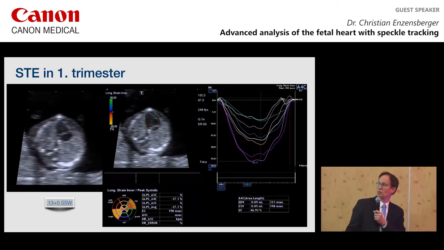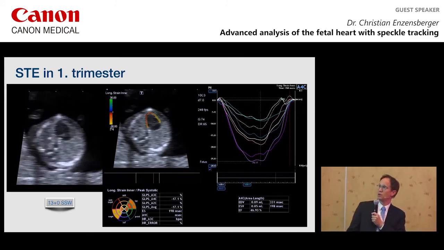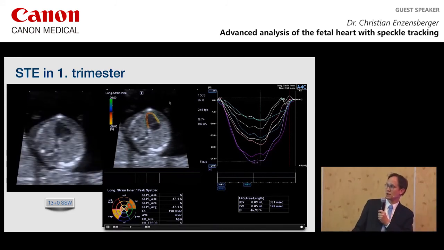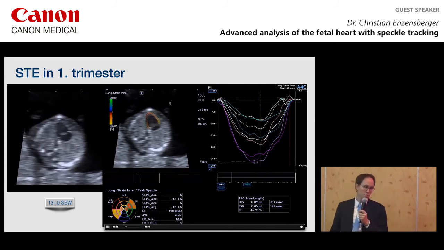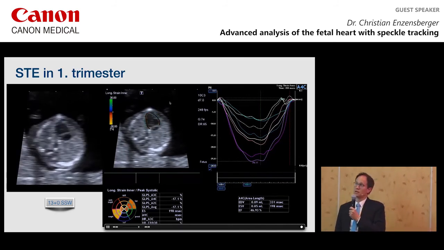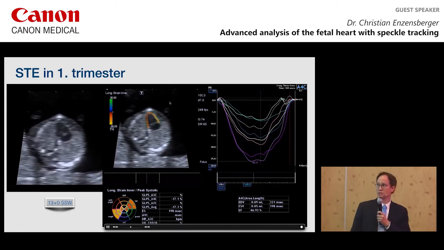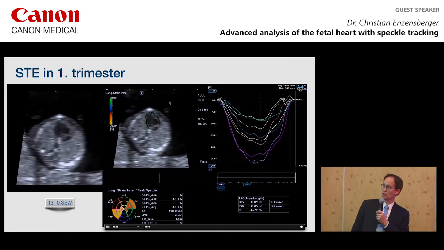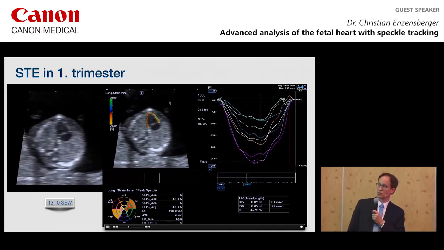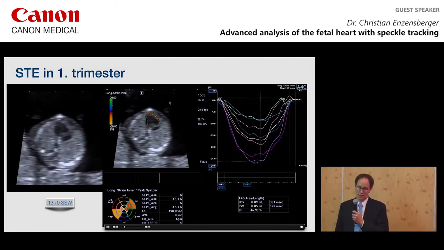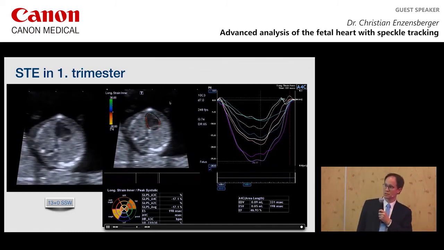And when you look at the strain, minus 17.1, it's quite comparable to the one we get in the second and third trimester. But this is an ongoing part of this tool, and I hope that next year, for example, we will get some interesting results.